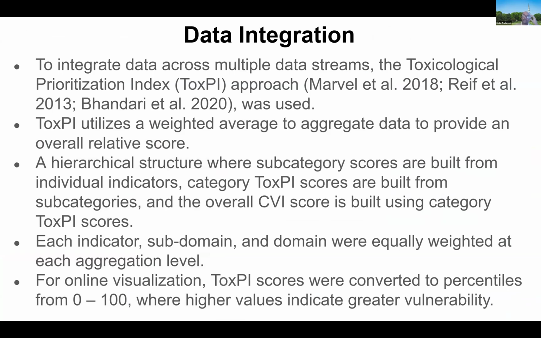So this is the tool, they use a toxicological prioritization index, T.H.E approach by Marble and Riff Blandy 2020. So they use a weighted average to aggregate data to provide an overall relative score based on that software. They use that software, the California Edge Screen tool and also our Edge Screen tool.